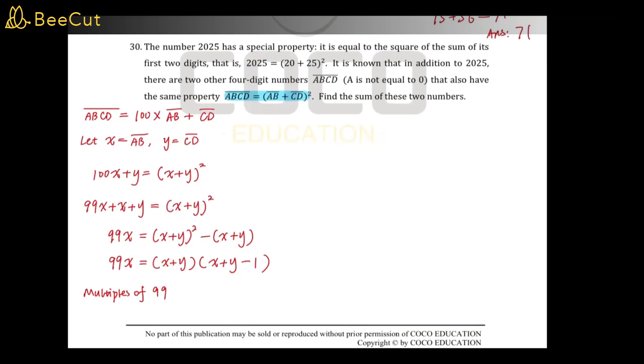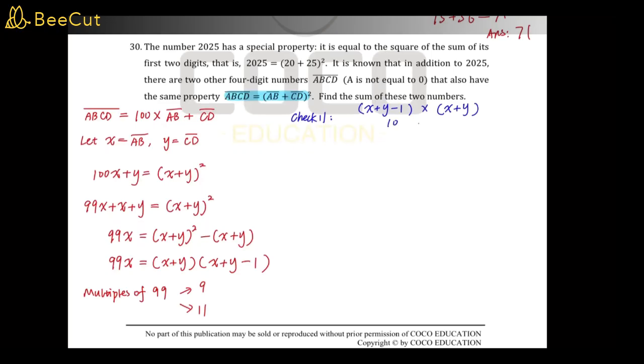And now if this is divisible by 99, then we can check for the values of X plus Y and X plus Y minus 1. 99 is 9 times 11, so it will be easier to check for 11. We want the product to be divisible by 99. Now just make one of the numbers a multiple of 11, and check whether the other one is divisible by 9.